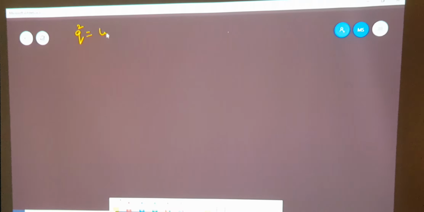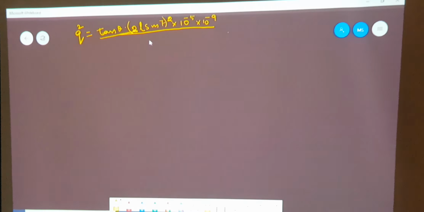Q square is tan theta multiplied with 2L sin 7, or sin 7 the whole square, multiplied with 10 to the power of minus 5 into 10 to the power of minus 9, whole divided by 9. Am I correct? Now you simplify and get the answer.